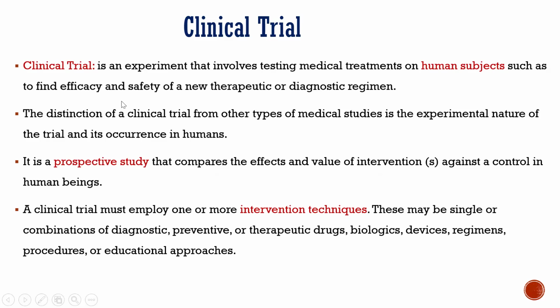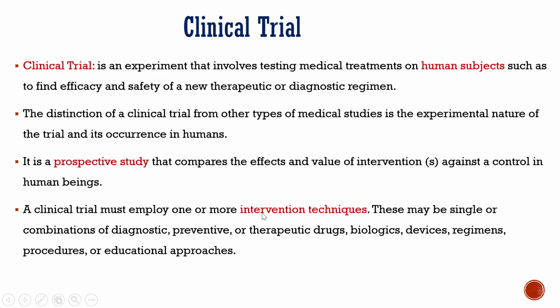Okay, so clinical trial is also a prospective study that compares the effect and value of interventions against a control in human beings. So the major aim is to check the outcome or the effect of a particular, let's say, therapy or regimen on humans. Okay. So a clinical trial must employ one or more intervention techniques.